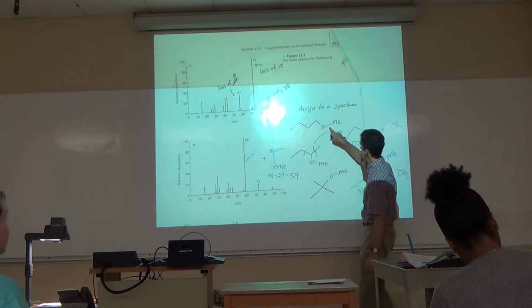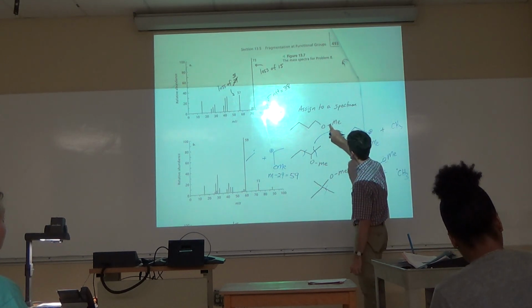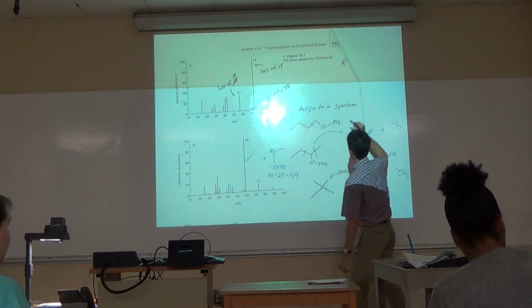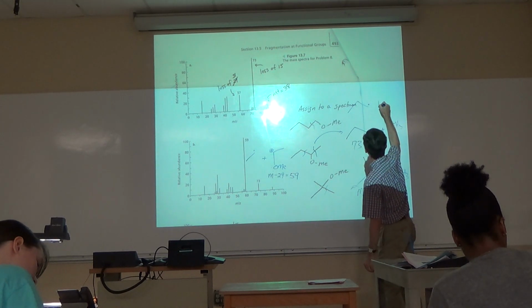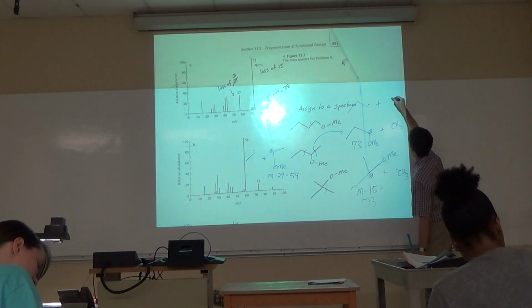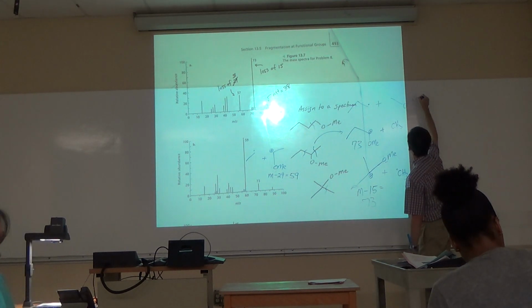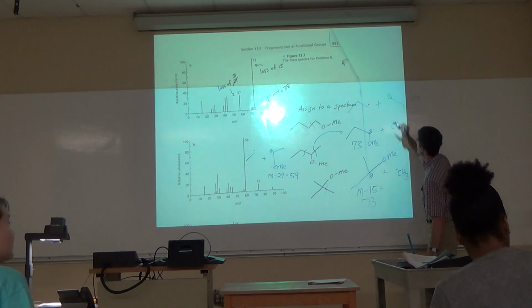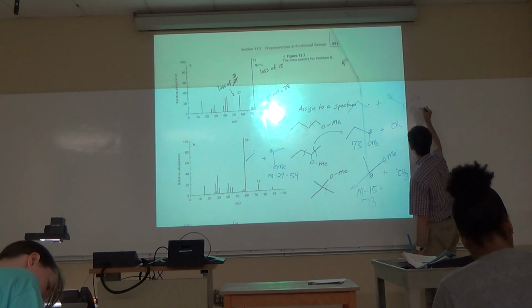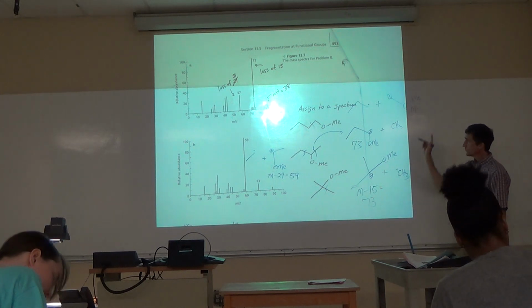Alpha cleavage up here, this side you cleave an H, let's not do that, let's cleave over here. Let's cleave there and get a propyl radical plus what? A cation next to a lone pair. Resonance stabilized. This is M minus what? What's a propyl?